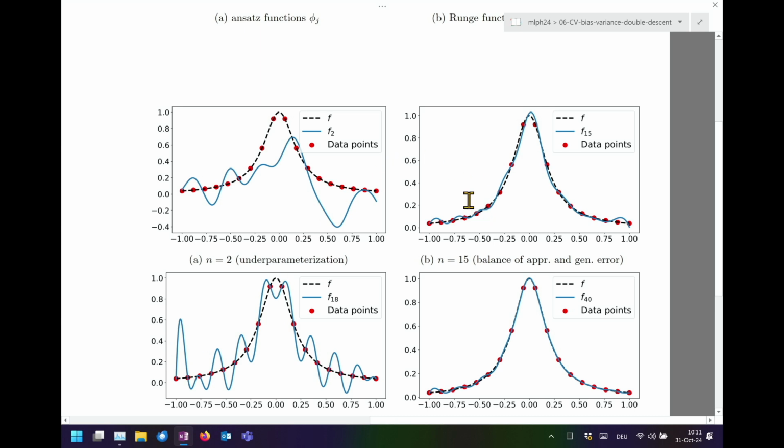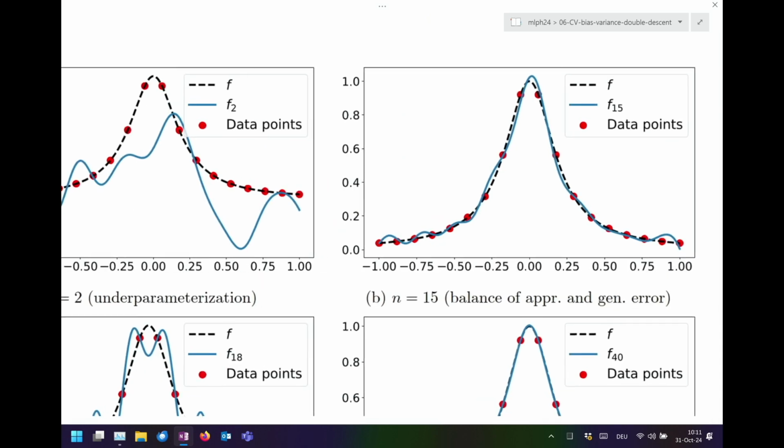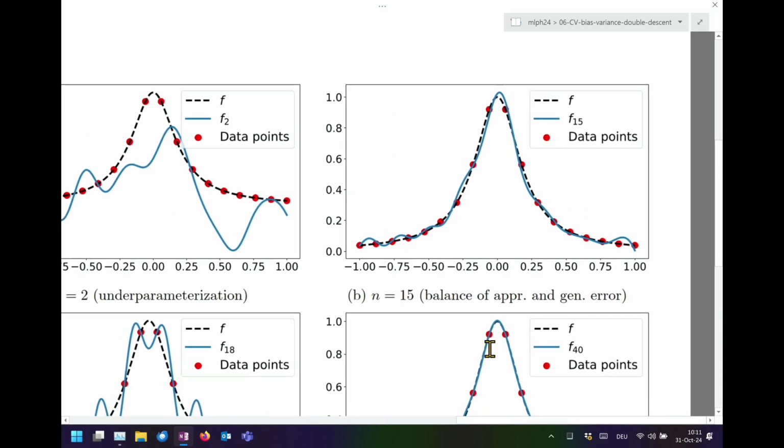So here, using 15 of these basis functions, the fit we would call pretty good, but it does not perfectly interpolate the observations. Here, for example, you can see that the blue function is a little bit above the red point. Or here the blue function is a little bit below the red point. Or here it's maybe clearest, the blue function, our estimate y hat, does not interpolate the data.